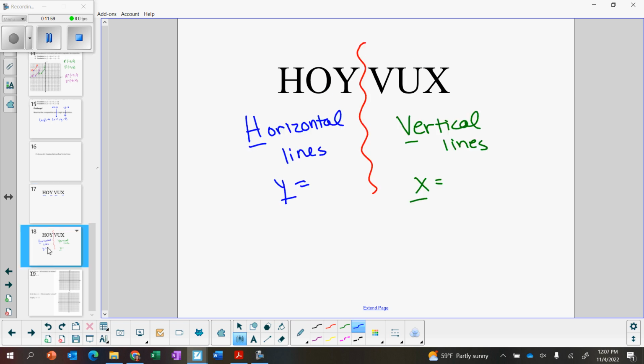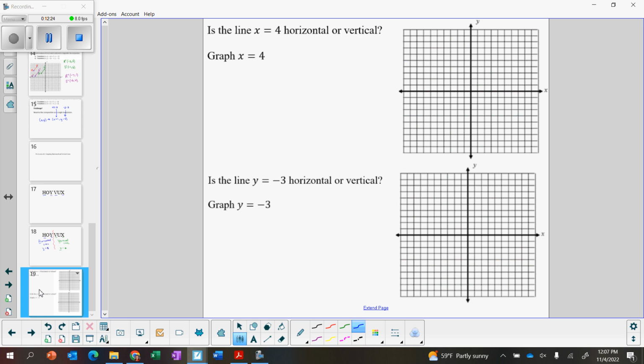But for right now, we care that horizontal lines will be in the form y equals some number, and vertical lines will be in the form x equals some number. The V and the X for vertical and X, the H and the Y for horizontal and Y. So is the line x equals 4 horizontal or vertical?